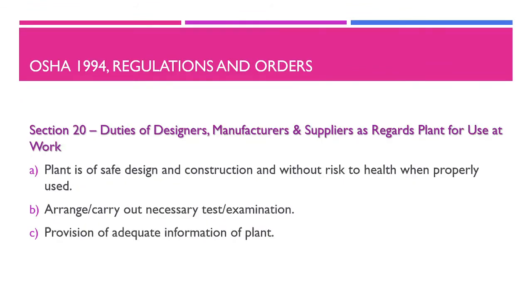Section 20 is the duty of the designer, manufacturer, and supplier to provide a safe design and construction of the plant. They also need to arrange and carry out necessary tests and examinations of the plant, and provide adequate information about the plant.